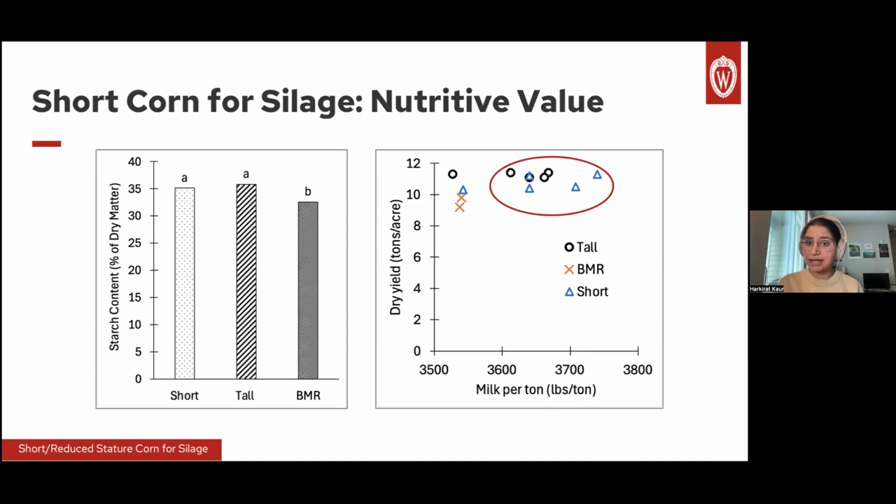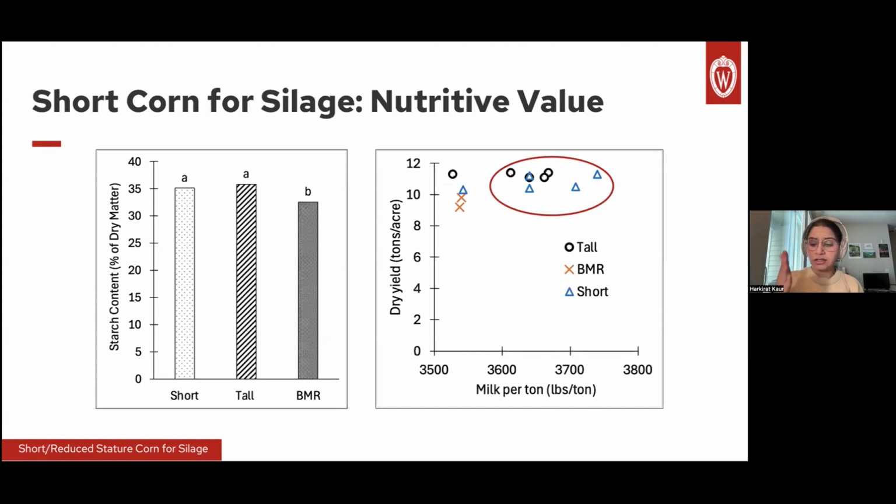So this means that there are hybrids which have potential to actually perform as well as the tall corn hybrids, and could eventually be a path where a lot of our corn looks different than what it is today.